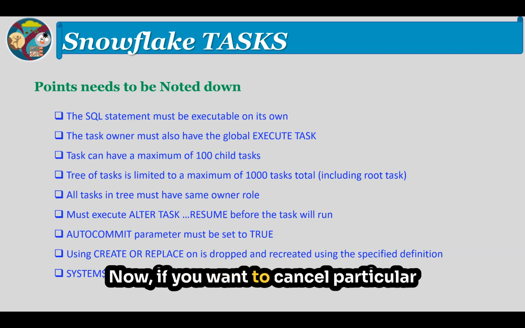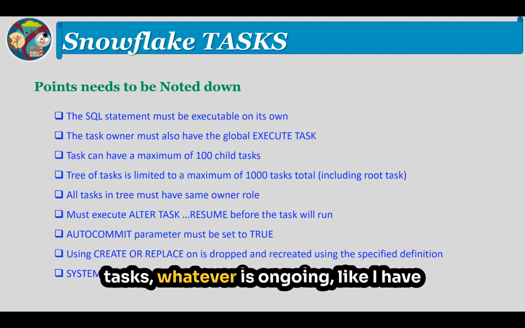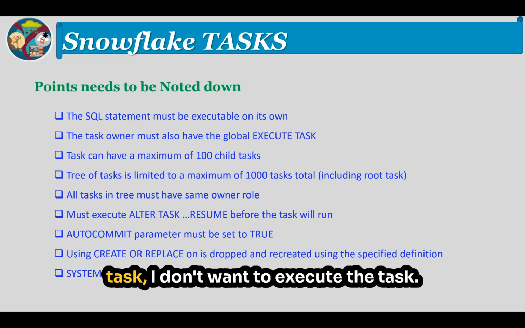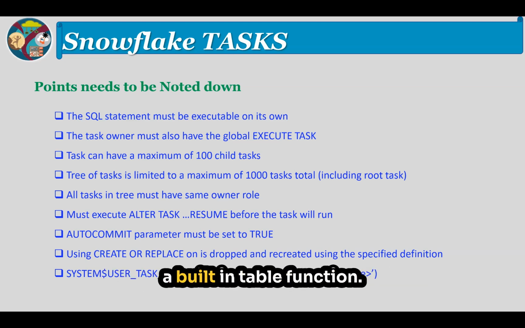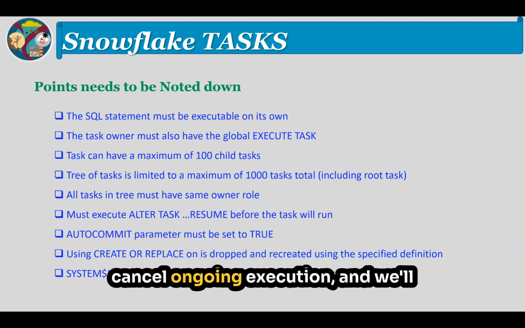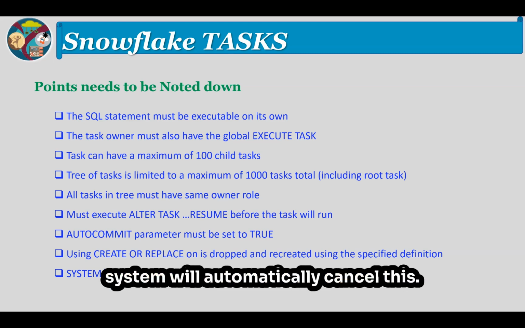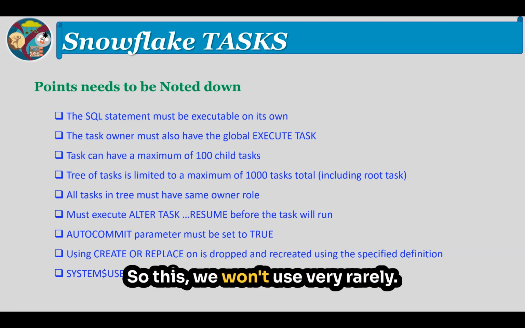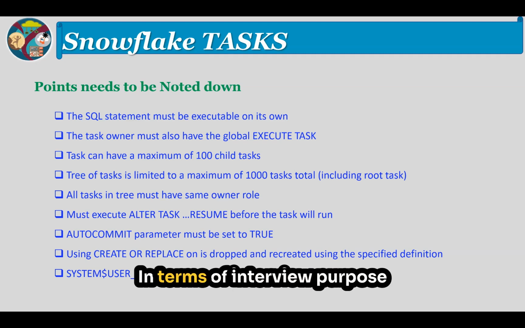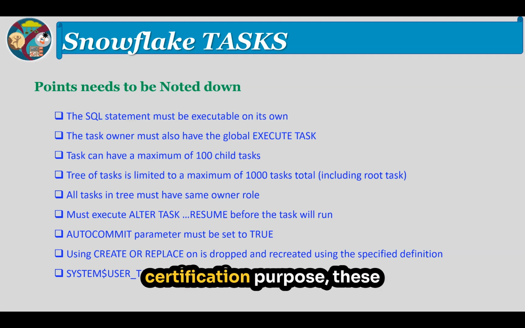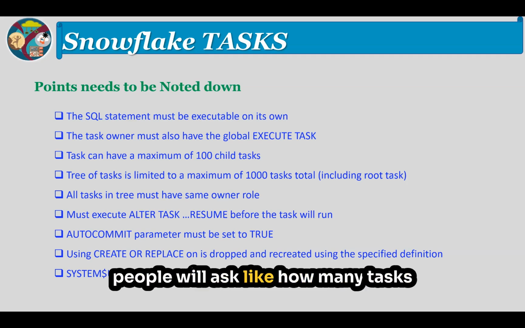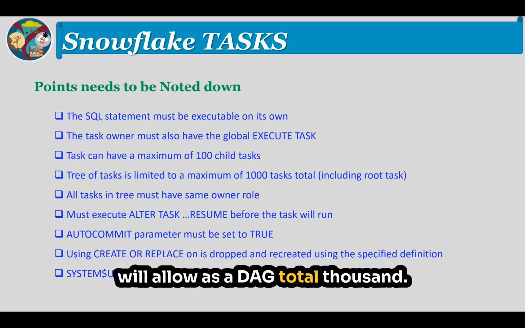Now if you want to cancel a particular ongoing task, say I have defined multiple tasks and I don't want to execute one, Snowflake provides a built-in table function called SYSTEM$USER_TASK_CANCEL_ONGOING_EXECUTIONS, and you provide the task name so that the system will automatically cancel it. We will very rarely touch this, but these are the key points in the tasks area for interview or Snowflake certification purposes. During interviews people sometimes ask how many tasks are allowed in a DAG.